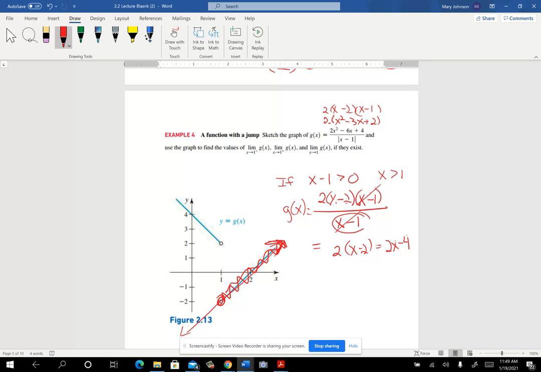Now, what happens over here happens because if x minus 1 is less than 0, then x is less than 1. If x minus 1 were less than 0, that would mean you'd have a negative inside there, and so the absolute value would turn it into a positive.